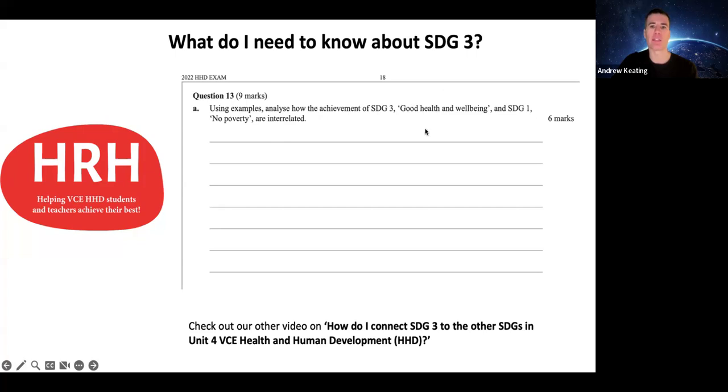As part of your answer you can't just keep referring to the name of the SDG. You can't say 'if people achieve good health and well-being', because it doesn't show a depth of knowledge about the SDG. You have to refer back to key features, like if you achieve SDG 3, such as reducing maternal mortality, then go on and link that to how that might be related to, say, no poverty, etc. We have done a previous video on how you can connect SDG 3 to other SDGs in Unit 4. If you go back and have a look at that, it'll give you more information about answering a question like this.